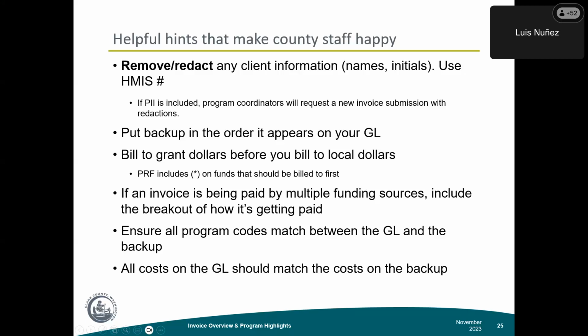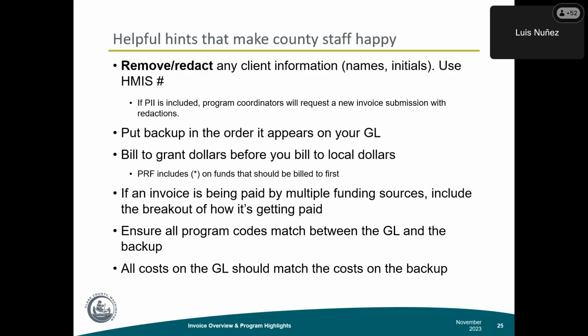And then also making sure that the backup in the invoice packet follows the order of the general ledger. This is going to save time, so we don't have to reorganize the entire packet. Some of those packets are hundreds of pages, so it'll save time if it's already in order. And it's important to make sure you're billing to the right funding source.